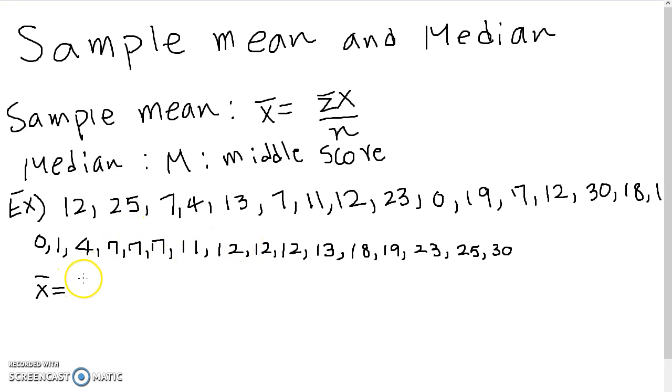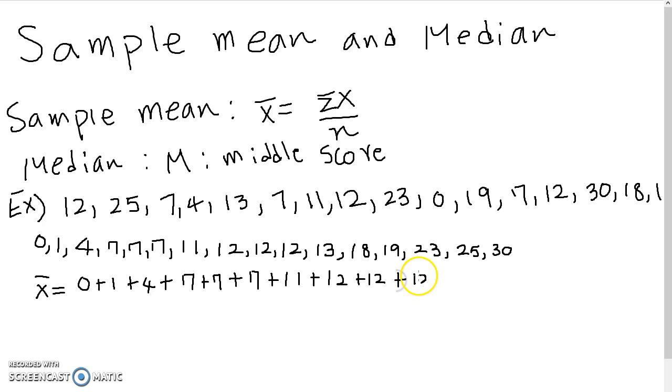So we're going to start adding: 0 plus 1 plus 4 plus 7 plus 7 plus 7 plus 11 plus 12 plus 12 plus 12 plus 13 plus 18 plus 19 plus 23 plus 25 plus 30.